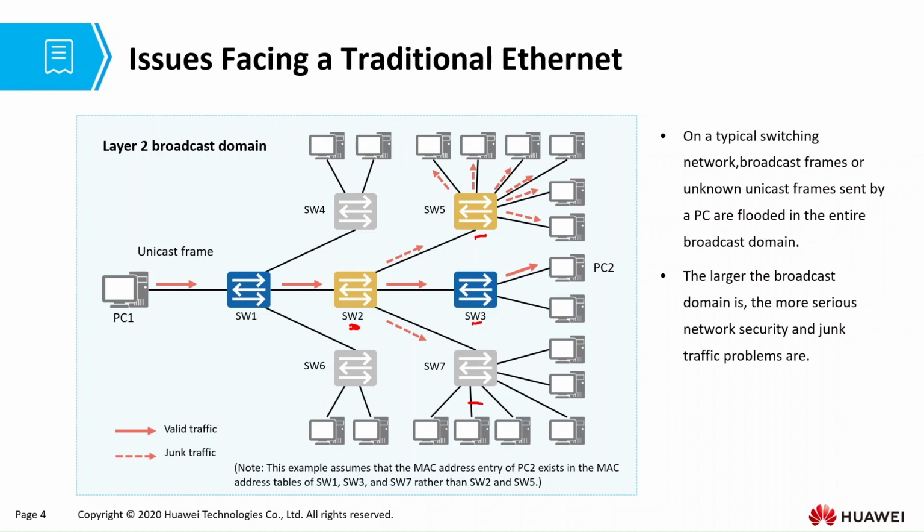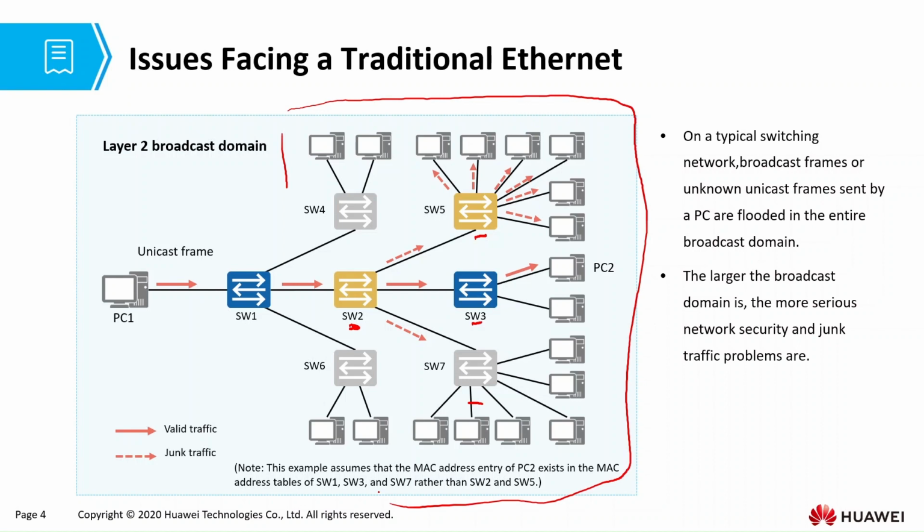But when you assign all of these here, you are going to allocate them under one local area network. So what happens is whenever switch 1 sends out the unicast frame from your PC 1, if it cannot find the entry for the destination MAC address, then what happens?